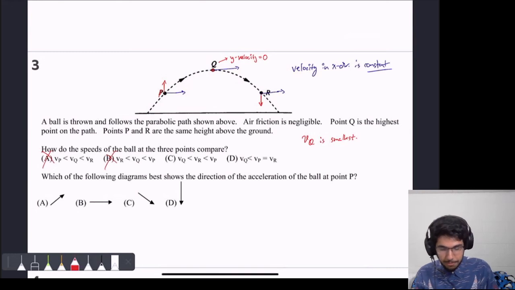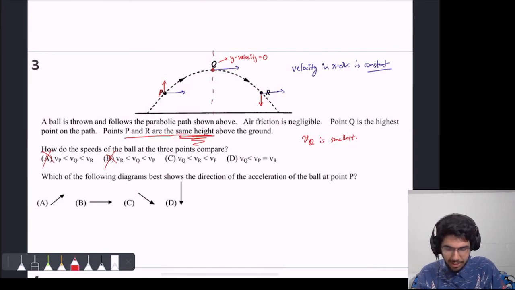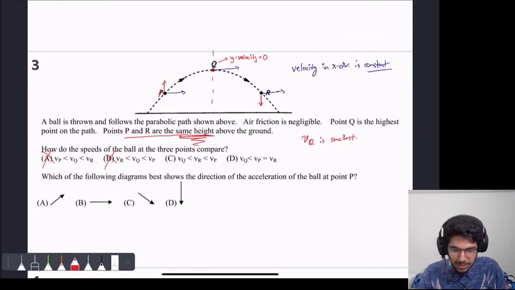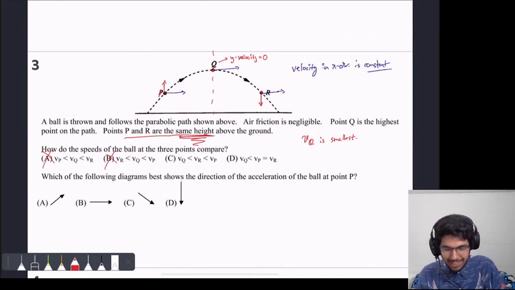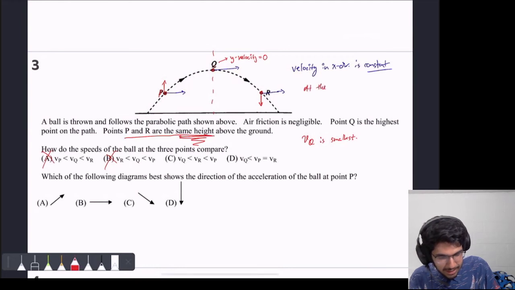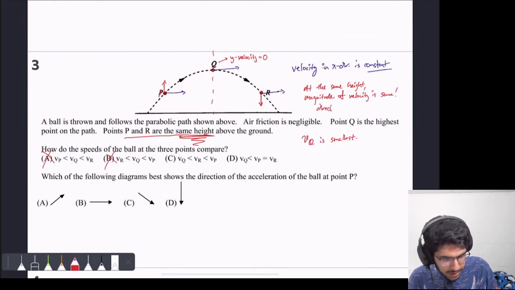We are also given P and R are the same height above the ground. And remember, this is a symmetric curve, right? So what did we say about points that were at the same height? We said at the same height, the magnitude of velocity is the same, but the direction is opposite.